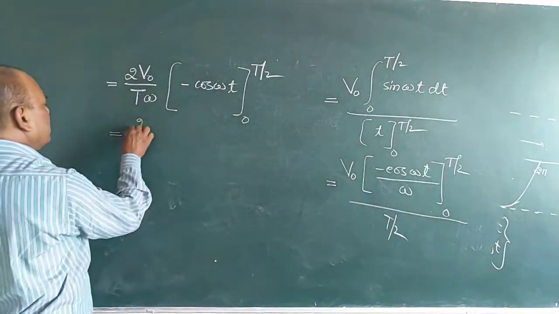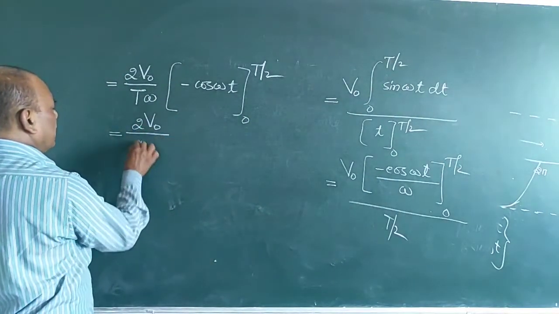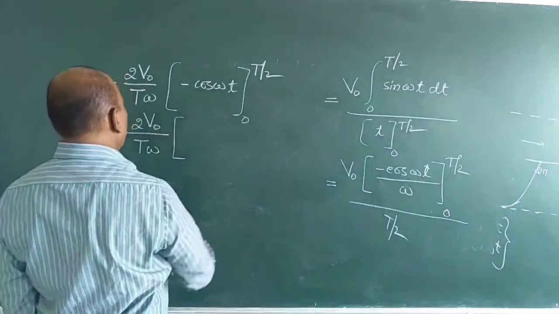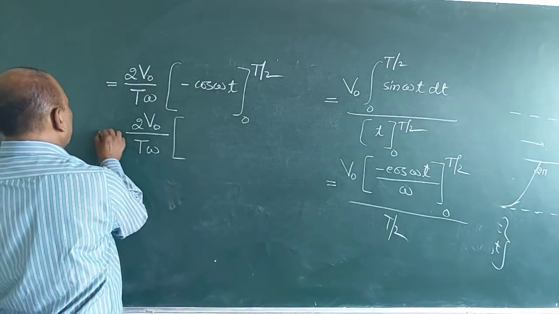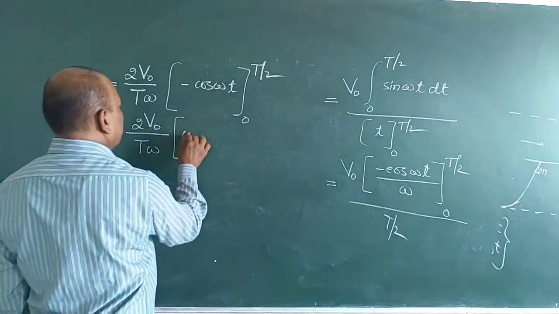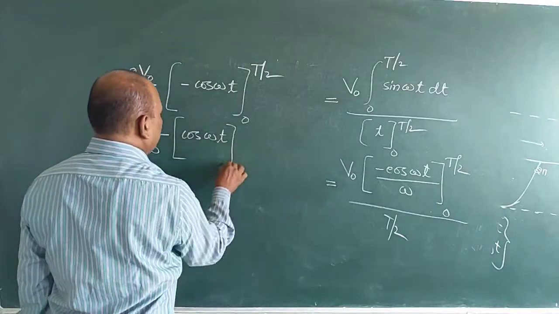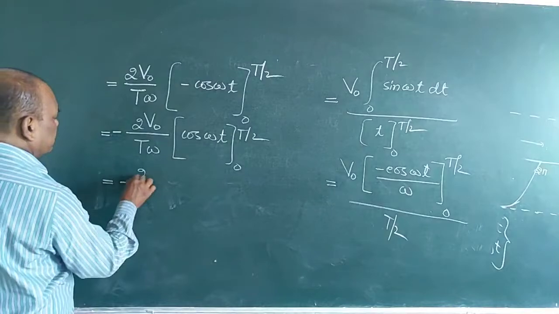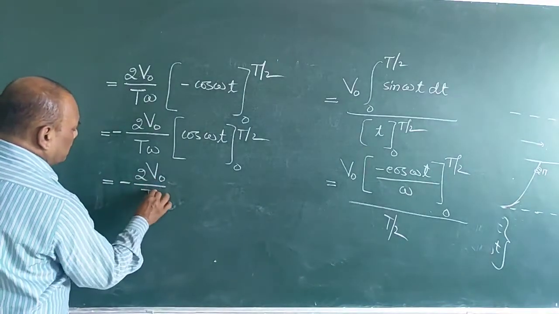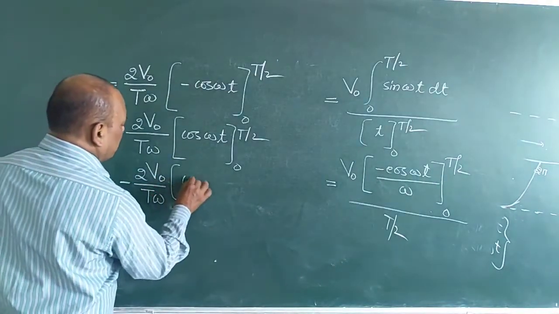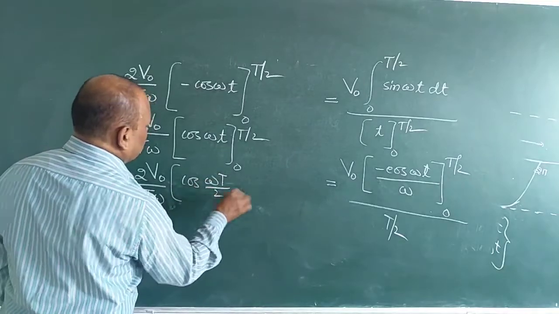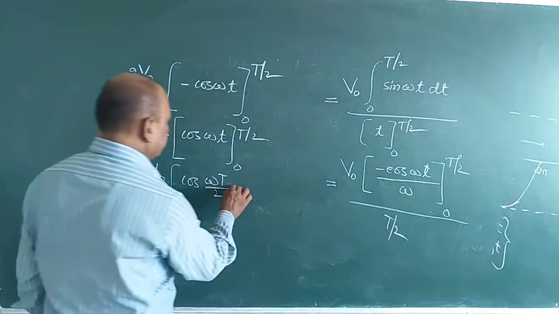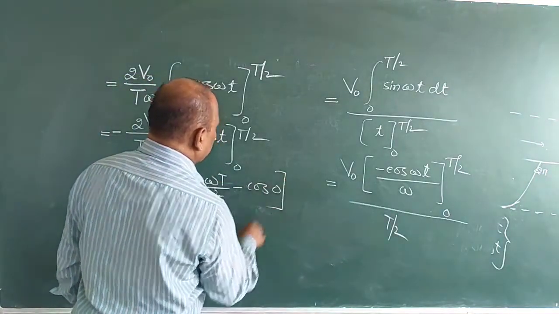So this will be 2 V0 upon T omega. Here, let us suppose the minus sign is taken out, so this becomes cos omega t from 0 to T by 2. This will be minus 2 V0 upon T omega, cos omega t, putting the value T by 2 here, minus cos 0.